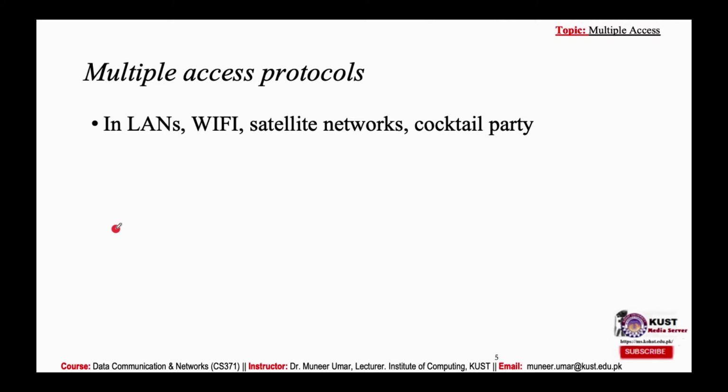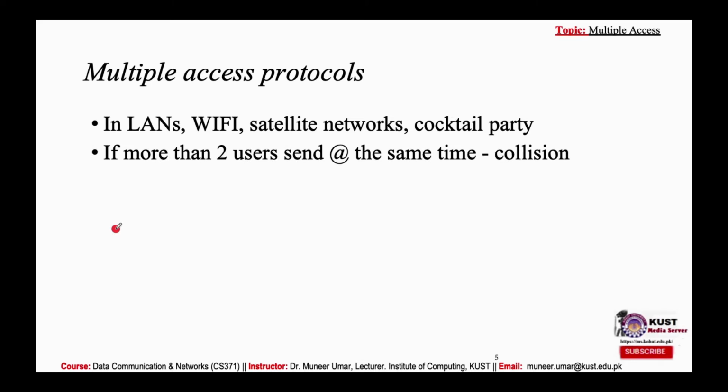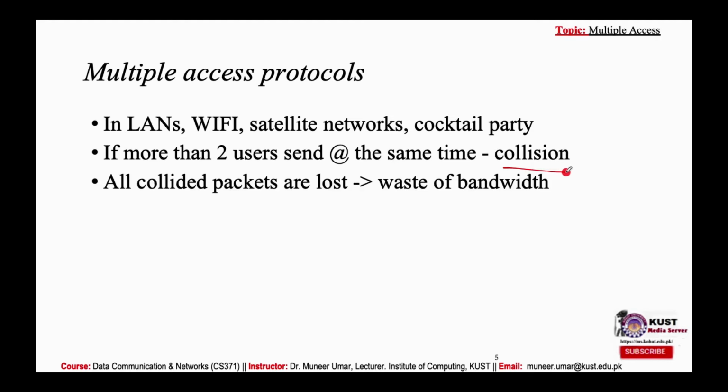So we have LANs, Wi-Fi, satellite networks, and also the cocktail party. If more than two users send at the same time, simply say that if more than two persons speak at the same time, what would happen? There would be a sort of collision. Now, if there is collision, then what will happen? All the collided packets will be lost, and this would cause the waste of bandwidth.